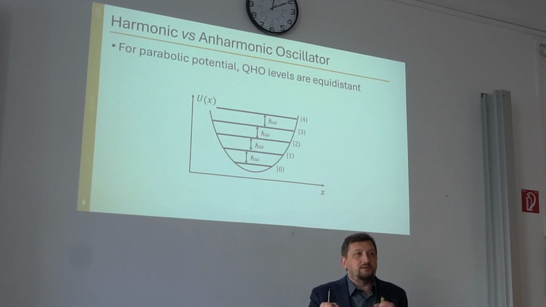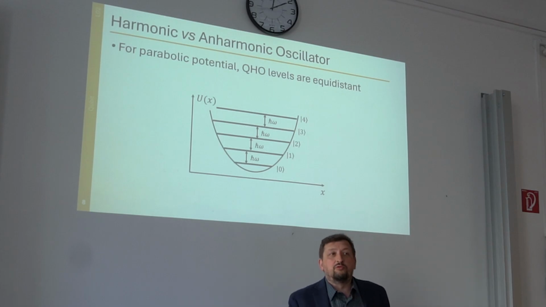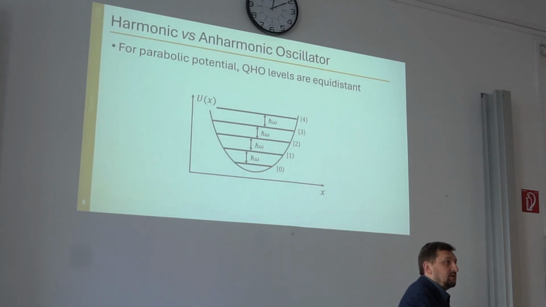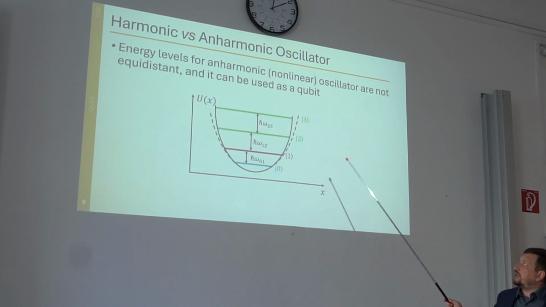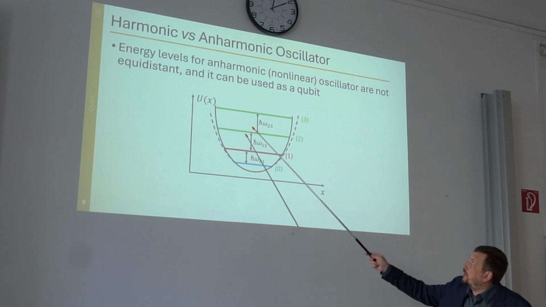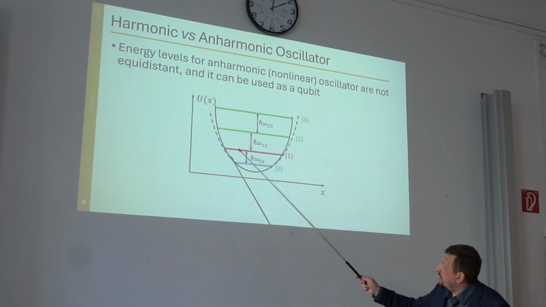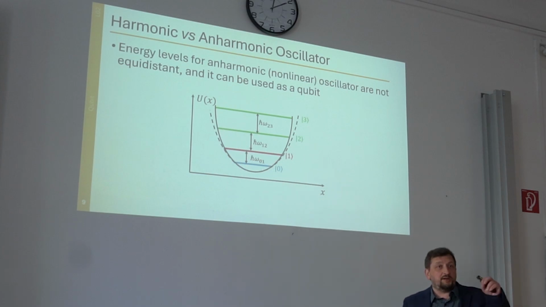You have a mass-spring system with ideal springs that satisfy Hooke's law for all extensions. So this is the case of a linear or harmonic oscillator, as the name implies. But if the potential is not exactly parabolic, if it has some different shape, which physically in classical language corresponds to nonlinearity.